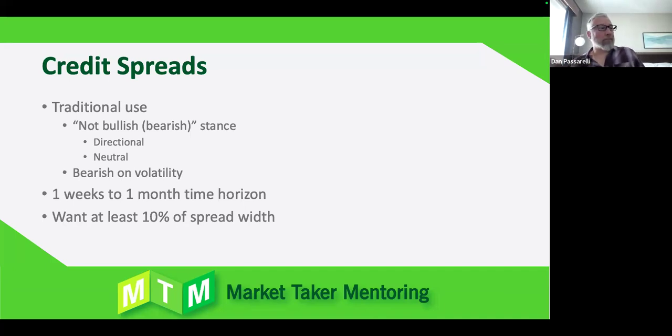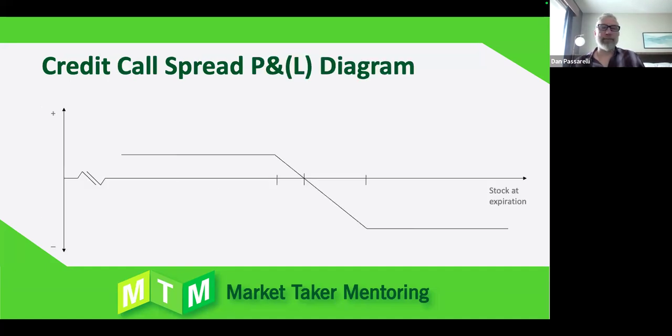Sorry about that. So 10% of 5 is 50 cents. So if it's a $5 spread, I'd want to take in at least 50 cents. Okay. This is a credit call spread or call credit spread. You can say those in either order. It's both correct.